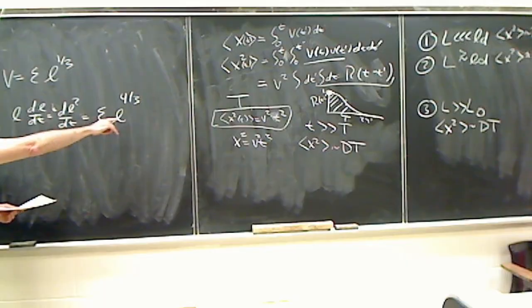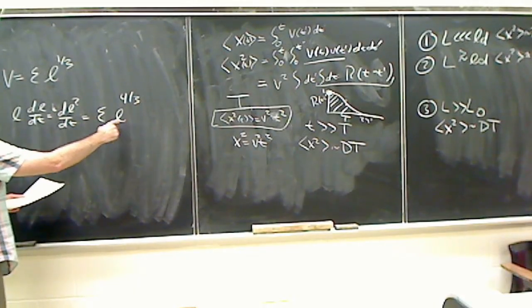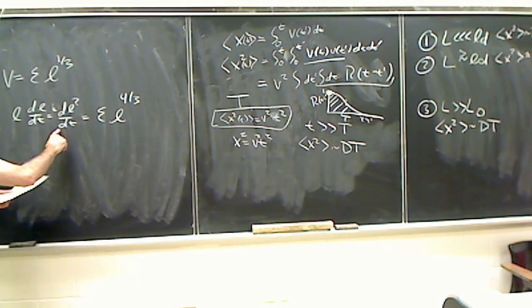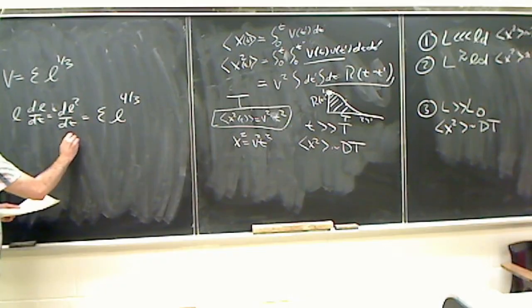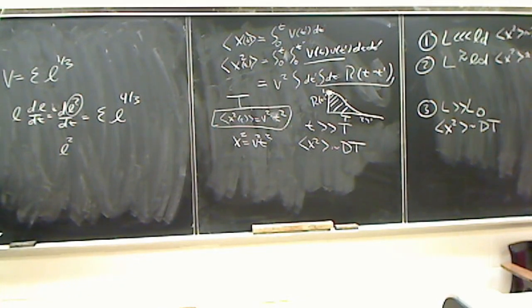So if I just integrate once, how does this work? My dt goes over here, my L comes over here. You're left with L squared, and treat L squared as the variable, because that's the variable we're looking at.